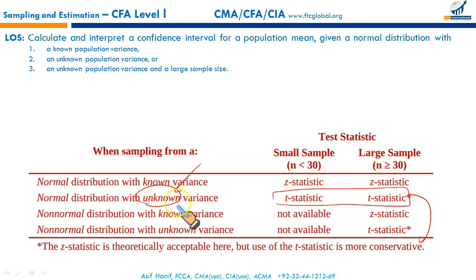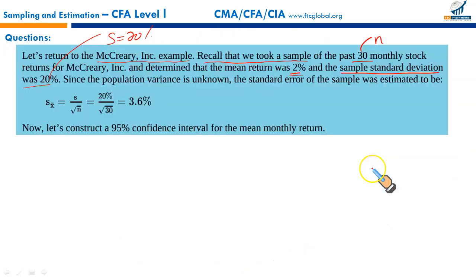You apply t statistics when the sample size is small and the population variance is unknown. Since the population variance is unknown, the standard error of the sample mean was estimated to be 3.6, already given, right? This is how we calculate standard error: sample standard deviation upon the square root of the sample size. So this is what you call the standard error when the population variance is missing.